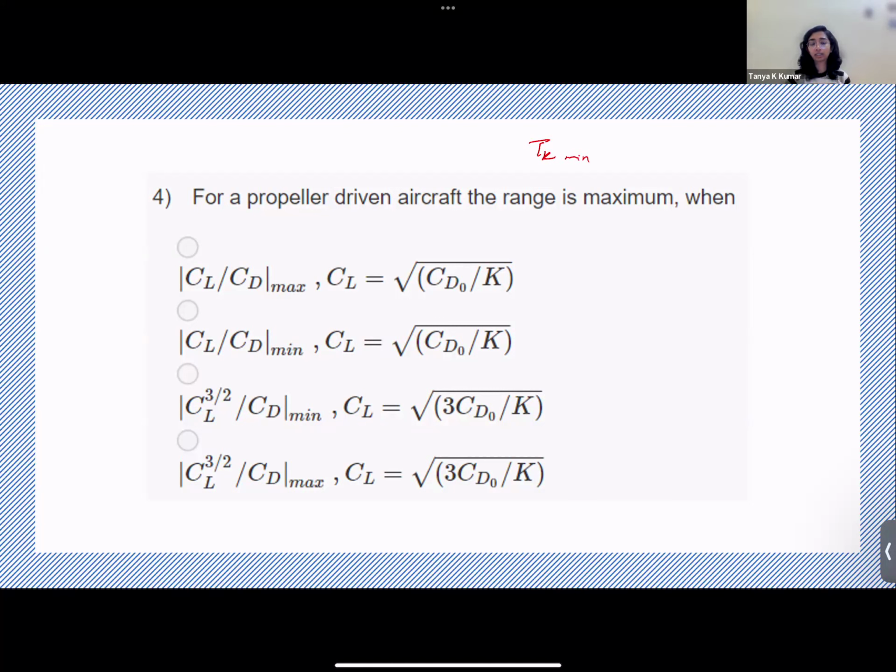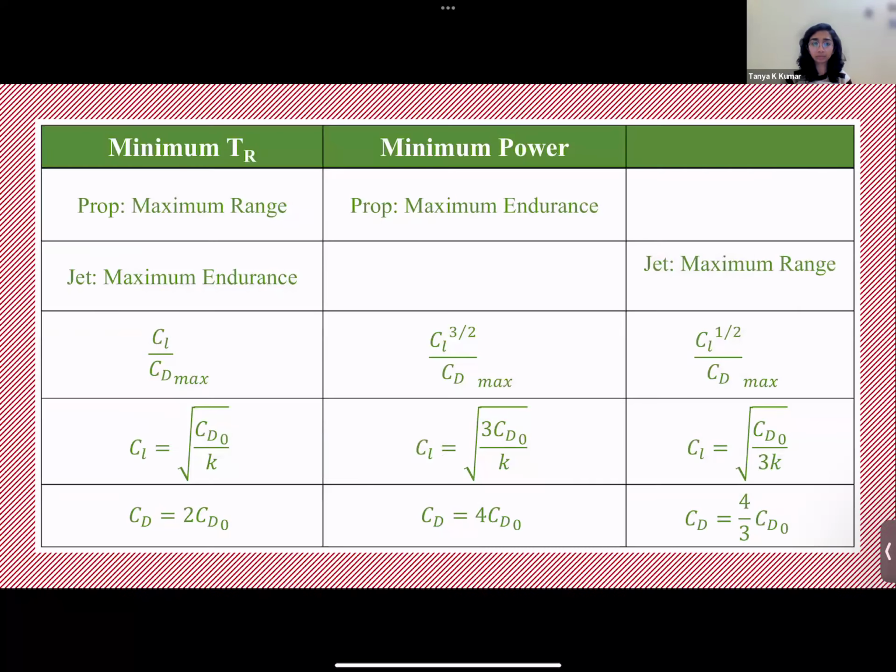What was the value of CL? Maximum range. We just used this formula now in one of the previous questions. Maximum range of a propeller driven aircraft. You remember this table? From this table, can you try to tell me? It's given directly there, right? So which option would it be?